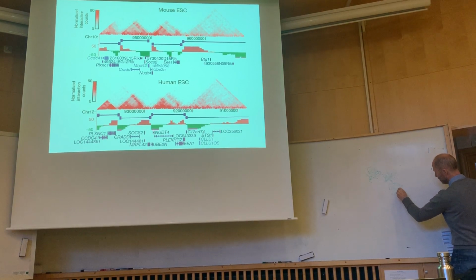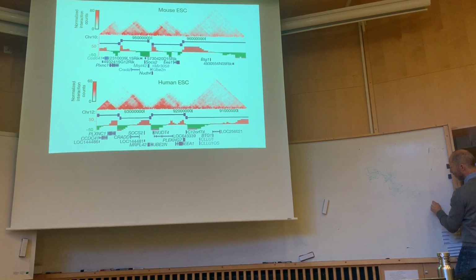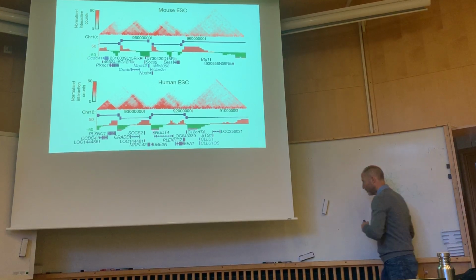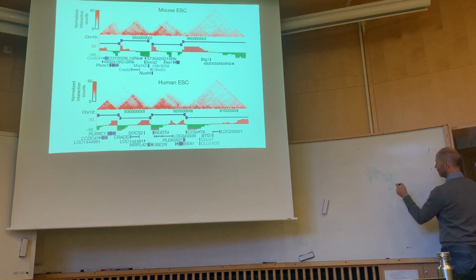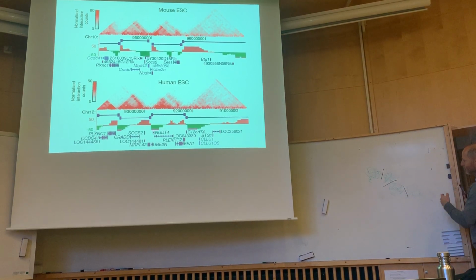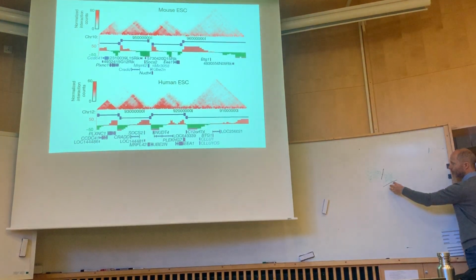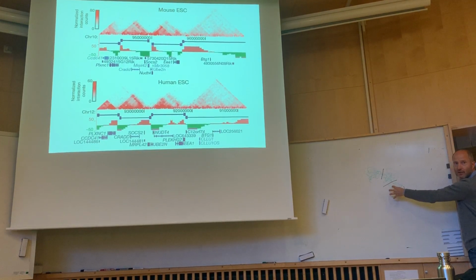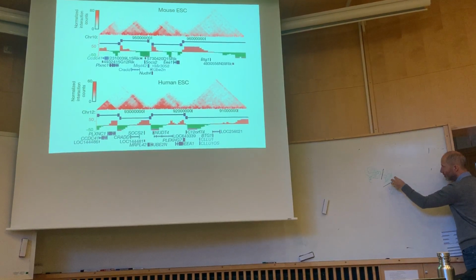But then you have these pieces in between, so you basically have no interactions from this structure to that structure. Inside of the structure you have a lot of interaction, but not between this and this.